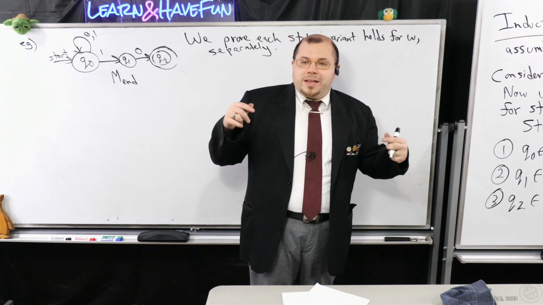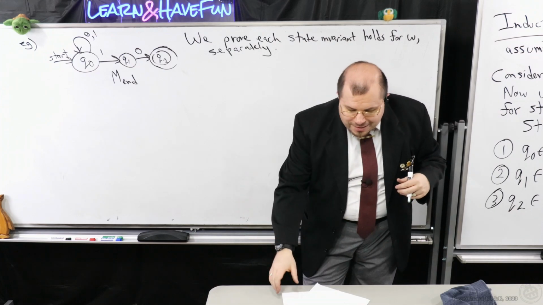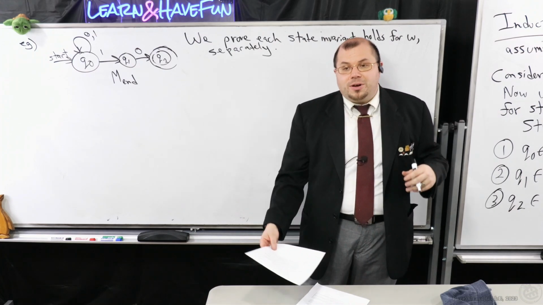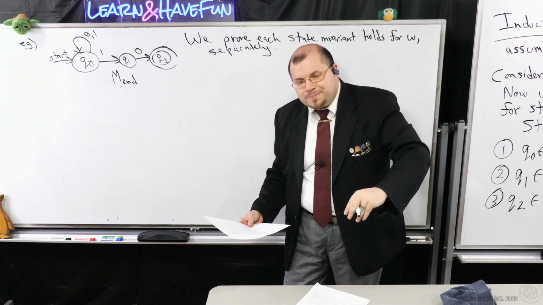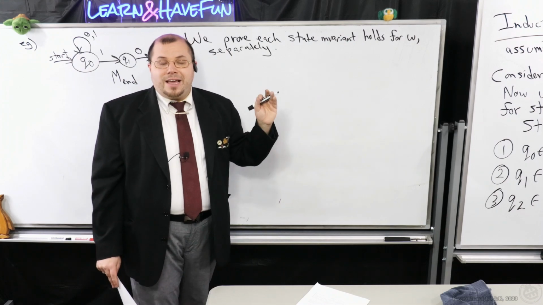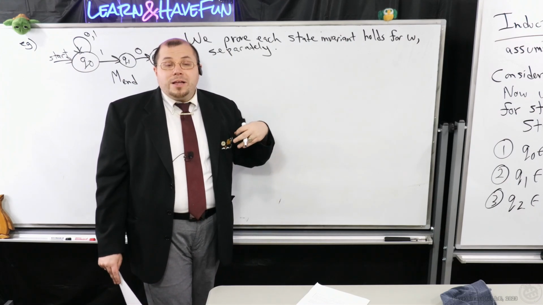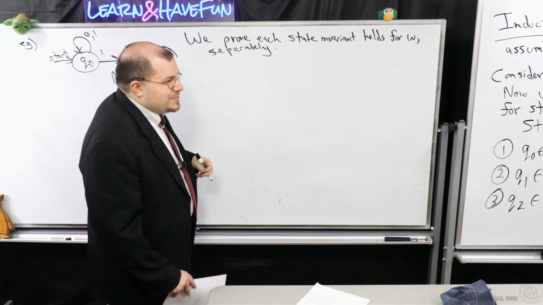So instead of working with X, where I break down the cases on X, I'm going to break the cases on W. I'm going to have 3 main cases, one for each of the state invariants, where I consider all strings of length n+1, and I'm going to use in each case those guys over there.